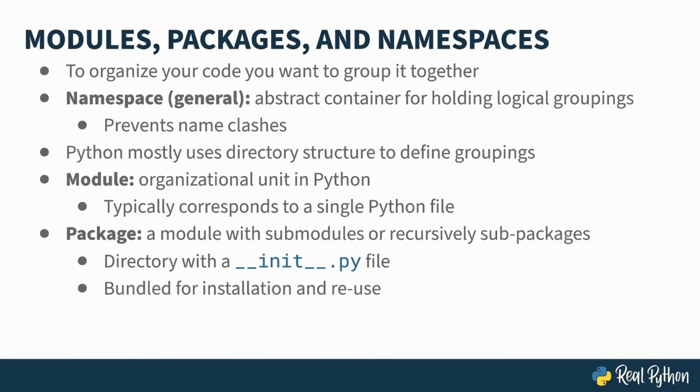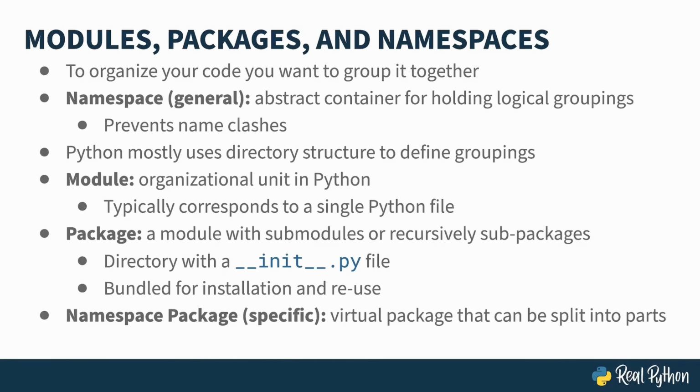Packages form the backbone of code reuse and can be bundled up for sending to other people. Python also has an extra mechanism that is similar, known as a namespace package. This is like a package, but is dynamically created, meaning you can have multiple directory structures with the same paths and treat them as a single thing.